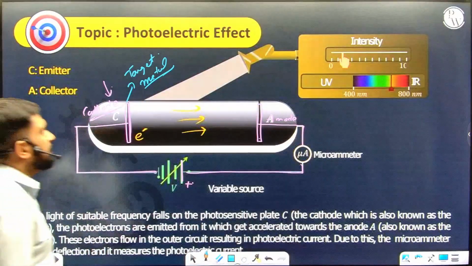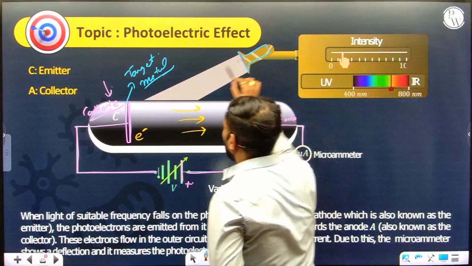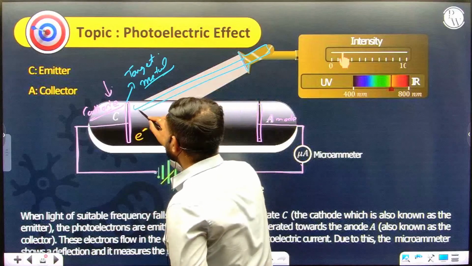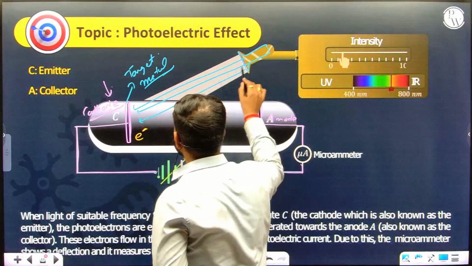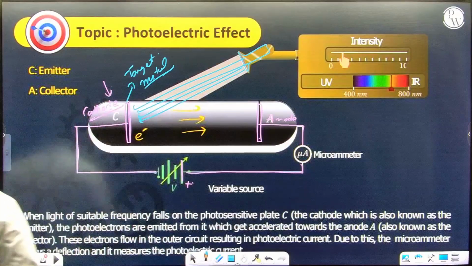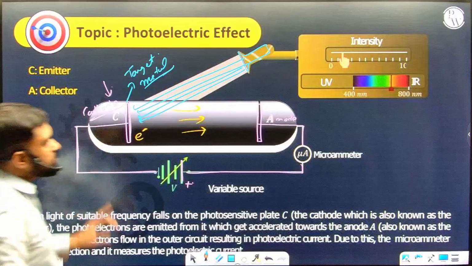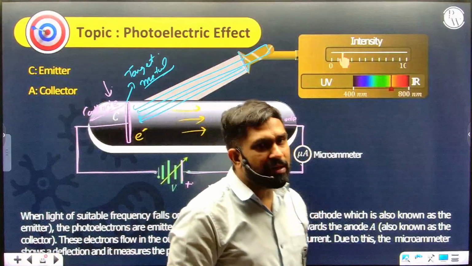So we apply a high intensity light on it. Light falls in the form of photons. So many photons strike this cathode metal, which is our target metal. Photons with a high energy strike the metal surface.